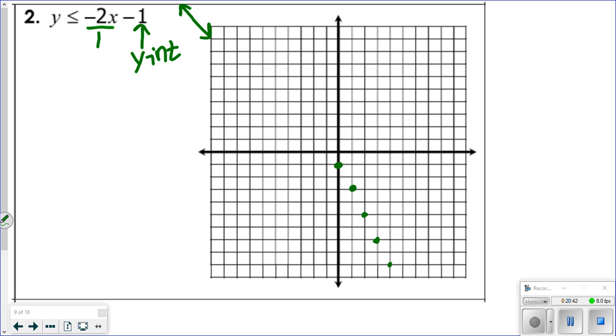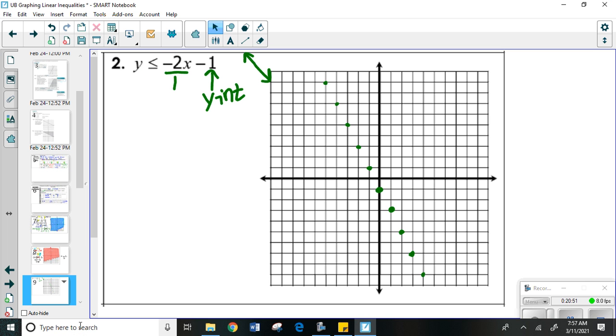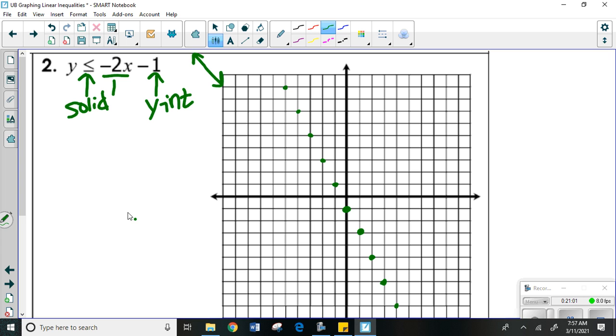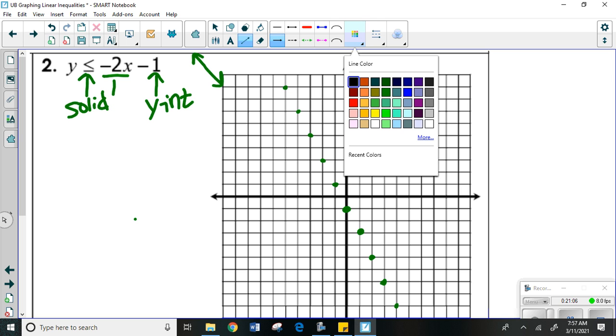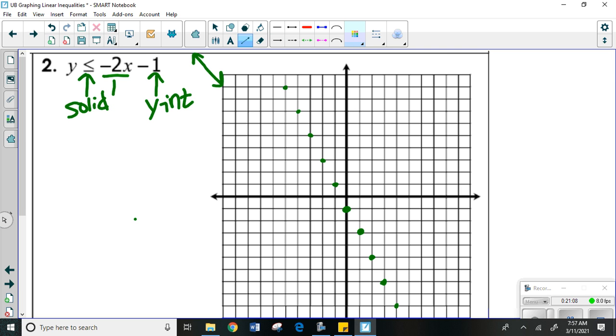Then we want to go up 2/1 the other direction. And this is going to be a solid line because we have an or equal to. So take your ruler and I want you to connect these with a solid line.